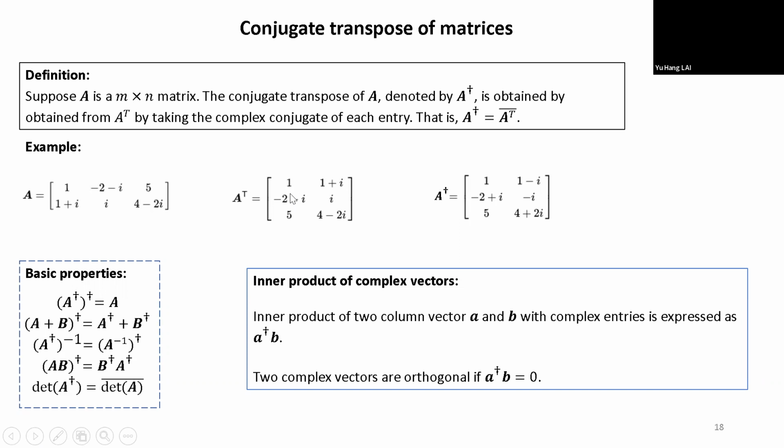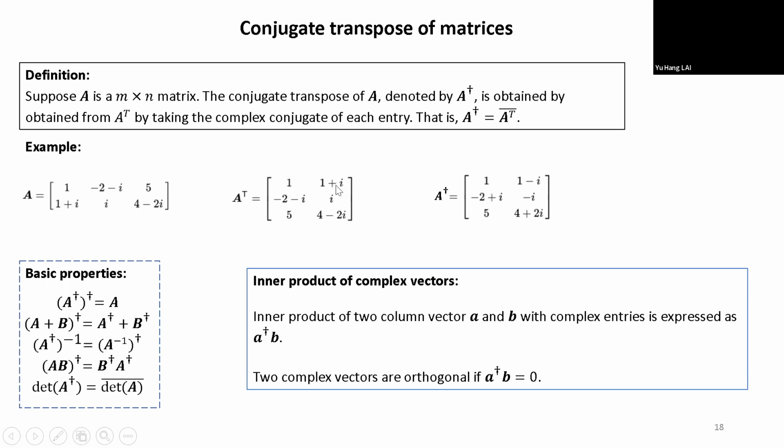Then I do one step further. Just like when we take the dot product, I'm going to take the complex conjugate of this transpose matrix. What it means is that I look at the elements one by one and change all the elements to their complex conjugate. So from this A transpose, if I take the complex conjugate of every element, it becomes this.